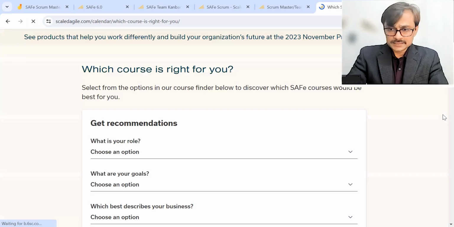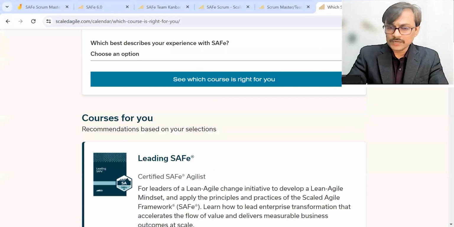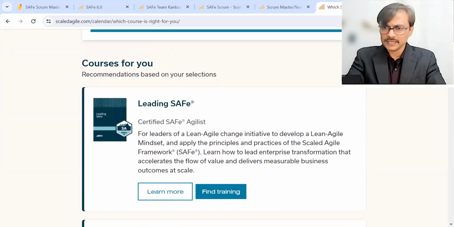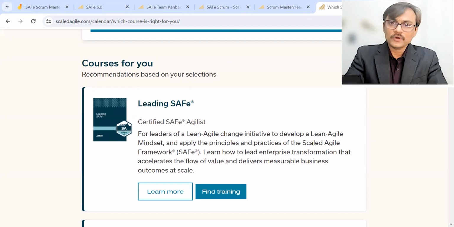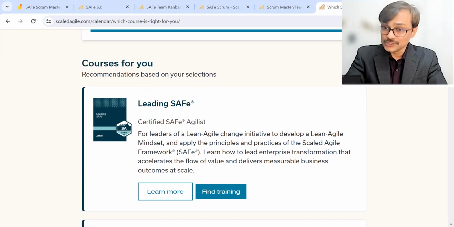If someone is more interested in the role of a Scrum Master, there is one popular certificate called Leading SAFe, the most popular certificate of the SAFe way of working, because it gives you a comprehensive overview of the Scaled Agile Framework. It tells you about all the possible SAFe configurations as well.